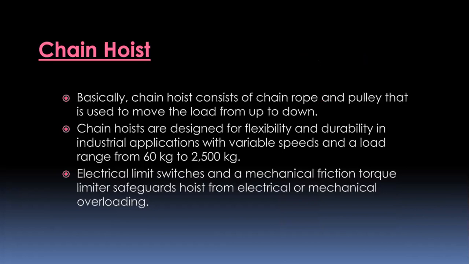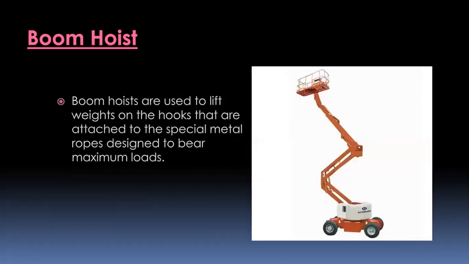These chain hoists consist of a chain rope and a pulley that is used to move the load up and down. They are designed for flexibility and durability in industrial applications, with variable speeds and a load range from 60 kg to 2500 kg. The electrical limit switches and a mechanical friction torque limiter safeguard the hoist from electrical or mechanical overloading.